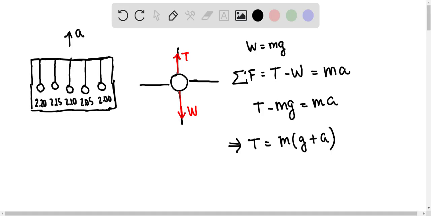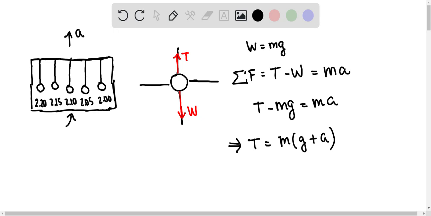We know that the lines attached to the 2.05 and 2 kilogram masses do not break, but the others do. So, since the string broke for the 2.10 kilogram mass, we know that the required tension to accelerate that mass was more than 22.2 newtons.